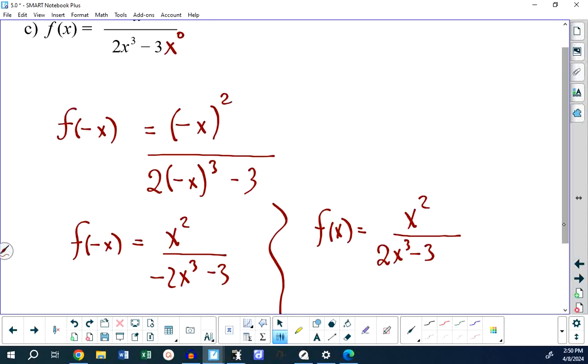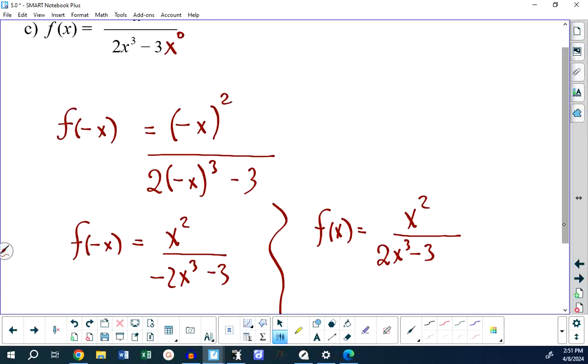These two things that I've written on both sides of the squiggly line are not the same. And the thing on the right is not -1 times the thing on the left. If it were, then the whole bottom would be negative. In other words, if the whole bottom were -2x cubed plus 3, then it would qualify as odd. Am I clear here? You're with me?